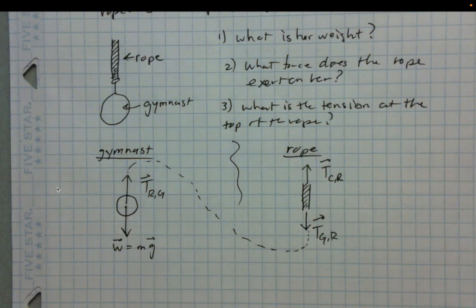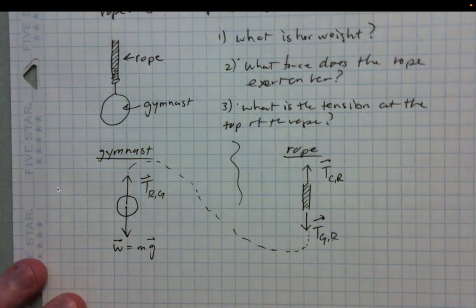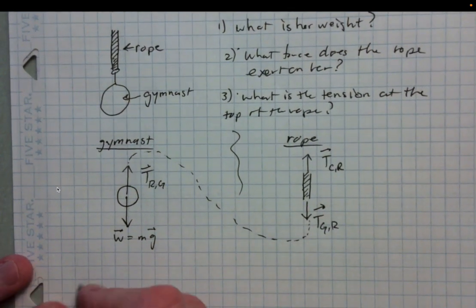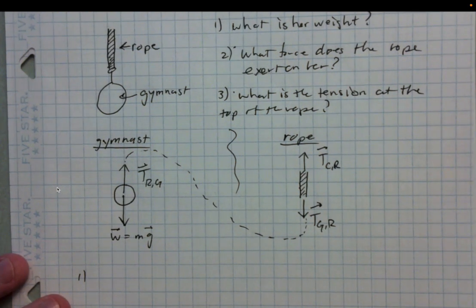Given this information and a little bit of information in the problem, we can figure out each of these questions. So let's start with one. What's the weight of the gymnast? Well, her weight is just the magnitude of the force of gravity, right?